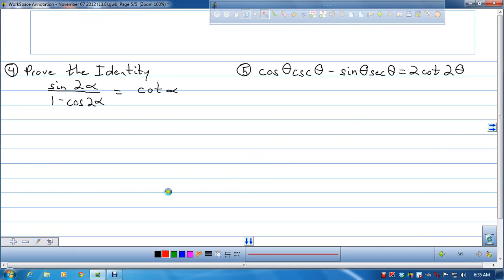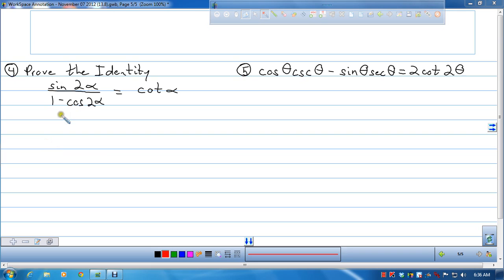Alright, to wrap up today, we're going to prove these two identities here. So we'll just get right into it. I would look at this one and recognize that the left side of this is in fact the more difficult side. Now obviously use some common sense too.